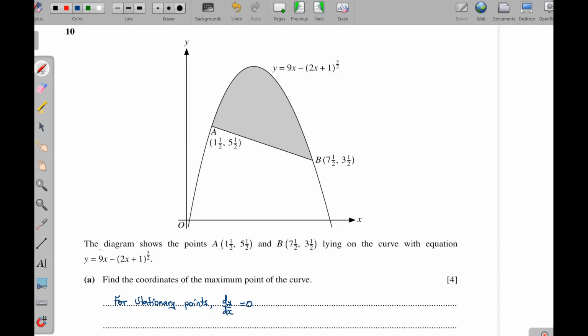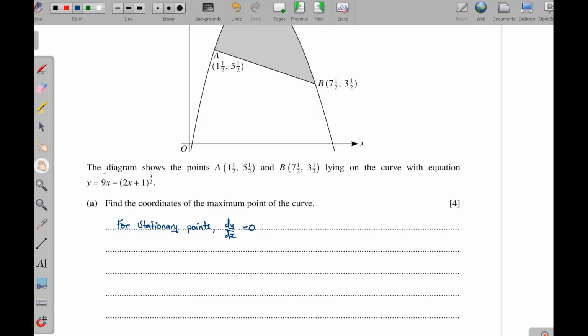So if y is equal to this one here, then dy dx is going to be equal to, this will be 9, then minus, drop that power, then reduce it by 1. This one is 1.5 minus 1, you get 0.5, which is a half. Then enter inside and you differentiate this one here using the chain rule. So that will be 2. And then of course this one will go away.